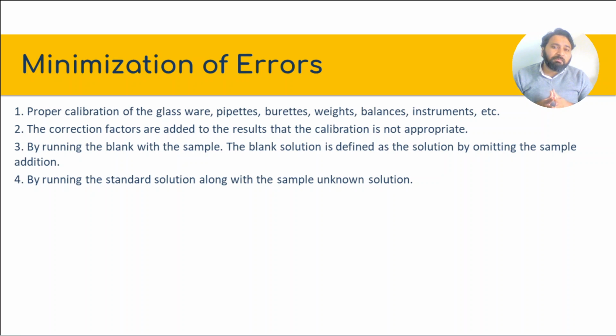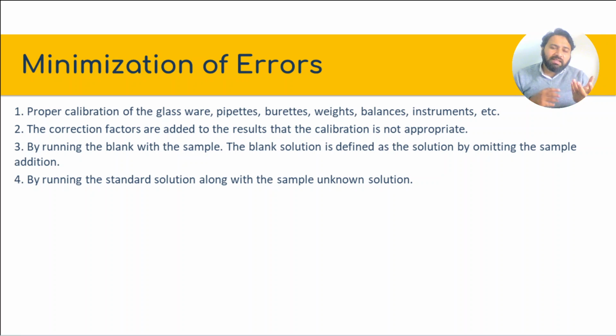Next is running the blank with the sample. While we are working with the sample, obviously we are working with an analyte and a solvent. This solvent without the analyte is known as the blank.